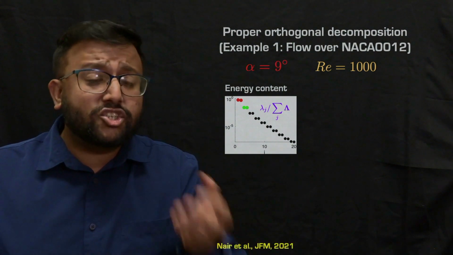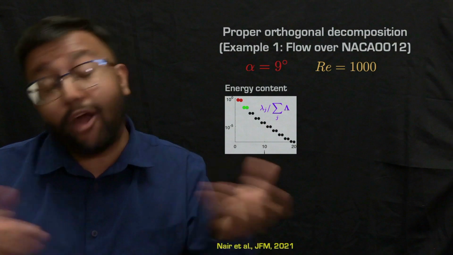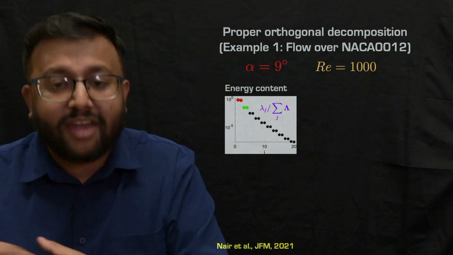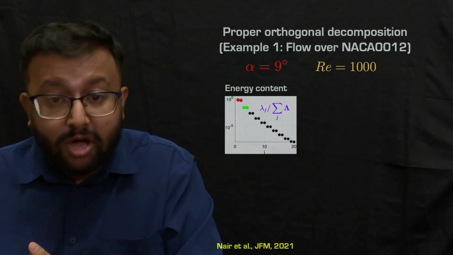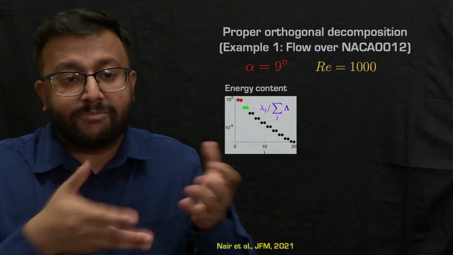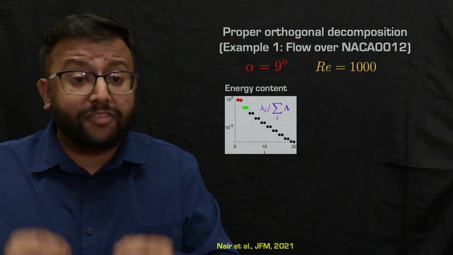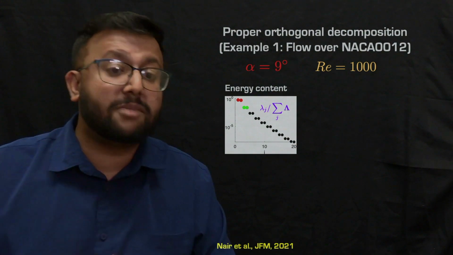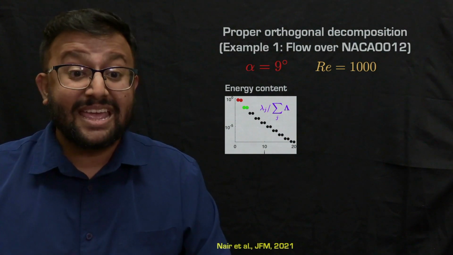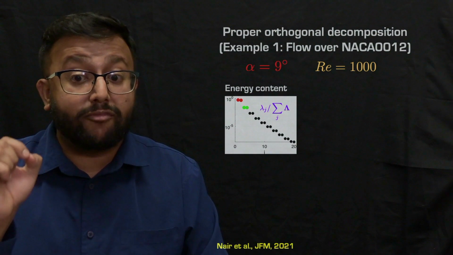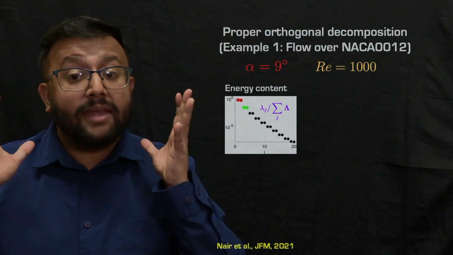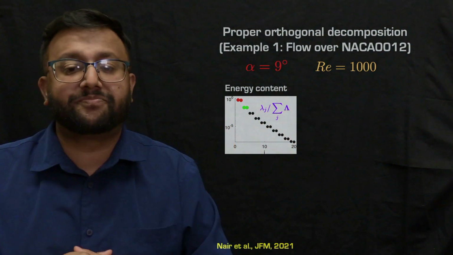And we can see a sharp drop-off in the energy content of these modes on a log scale. So I'm showing you this on a log scale. The energy content of the dominant mode, indicated by these red symbols, is 8 orders of magnitude greater than mode 20, for that matter.